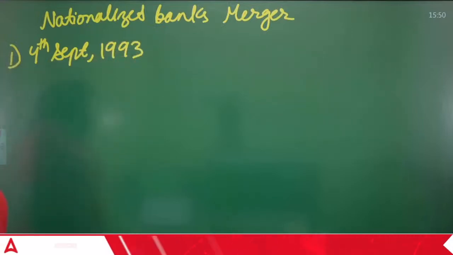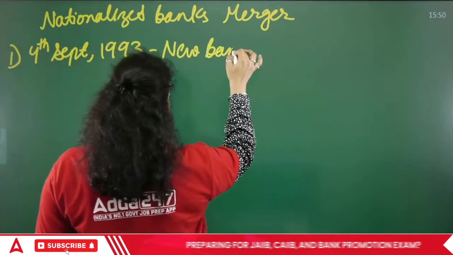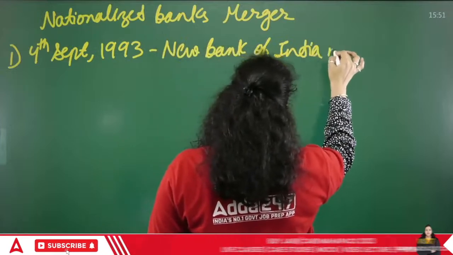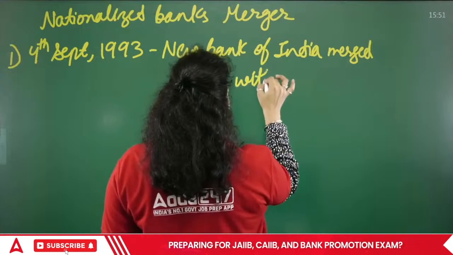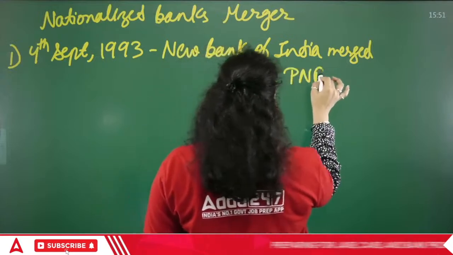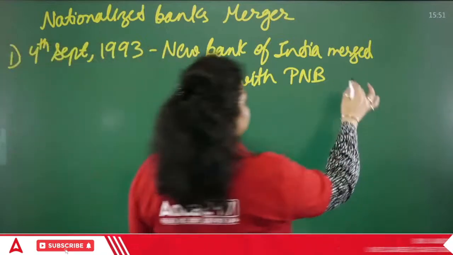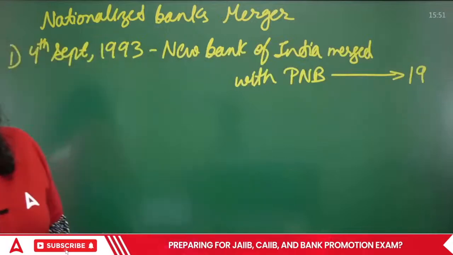In 1993, the New Bank of India merged with which bank? Punjab National Bank. So after this merger, only 19 banks remained because one bank was merged.